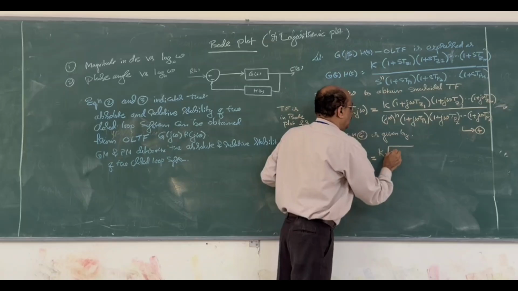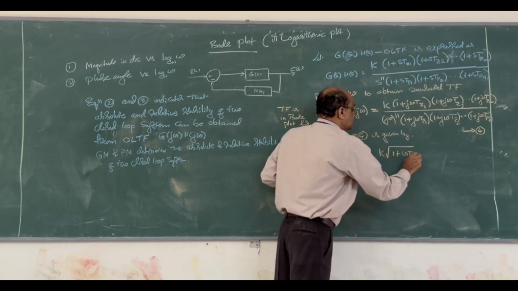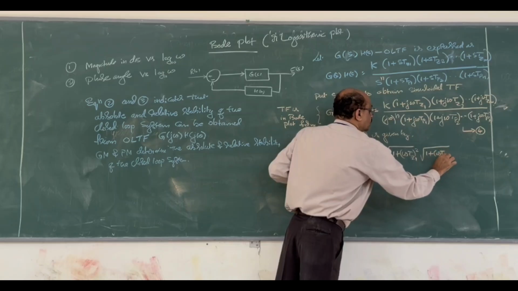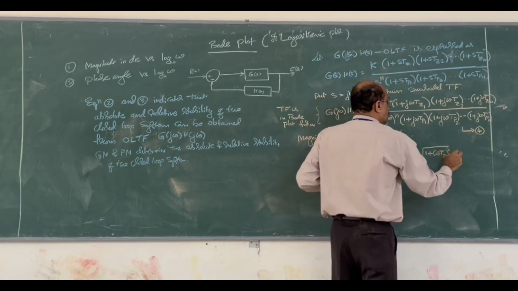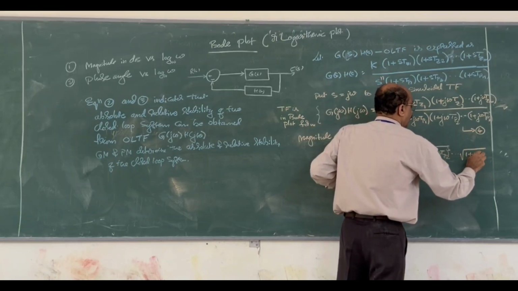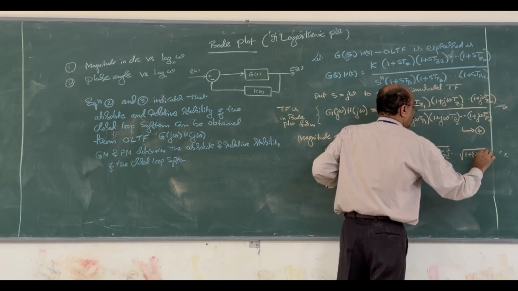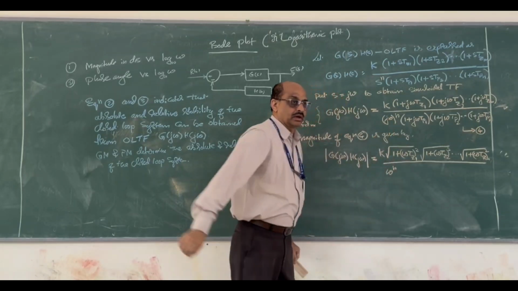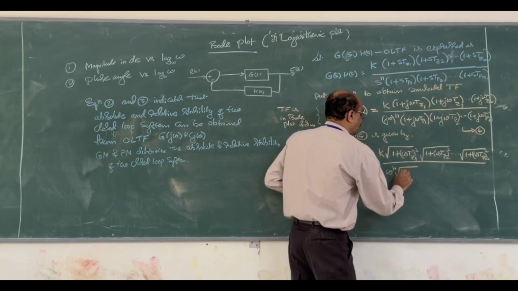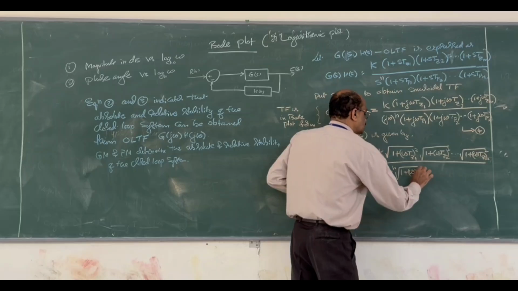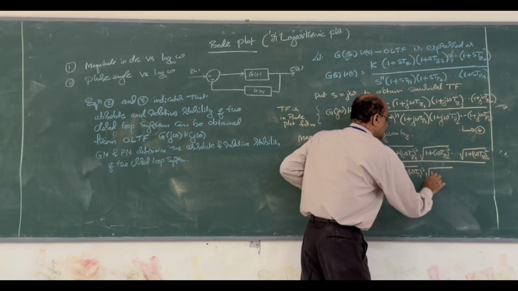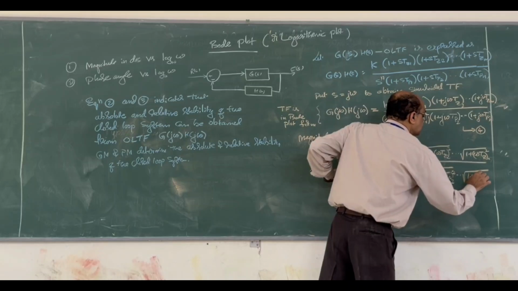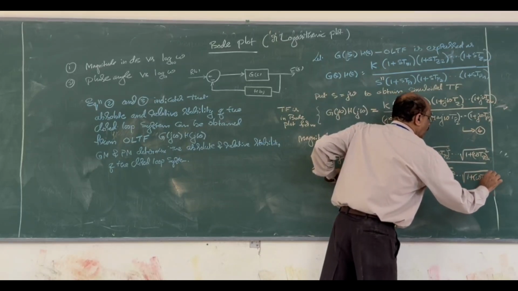So it is the square root of 1 plus omega T z1 whole square, multiplied by the square root of 1 plus omega T z2 whole square, and so on, up to 1 plus omega T zm whole square, divided by omega to the power n, again times the root of 1 plus omega T p1 whole square, multiplied by the root of 1 plus omega T p2 whole square, and so on, up to the root of 1 plus omega T pn whole square.